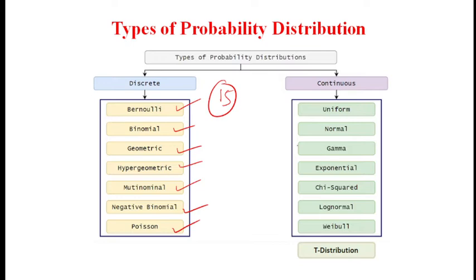Under continuous: uniform distribution, normal distribution, gamma distribution, exponential distribution, chi-square, logistic distribution, Weibull distribution, as well as T distribution. These are all the types of probability distribution.